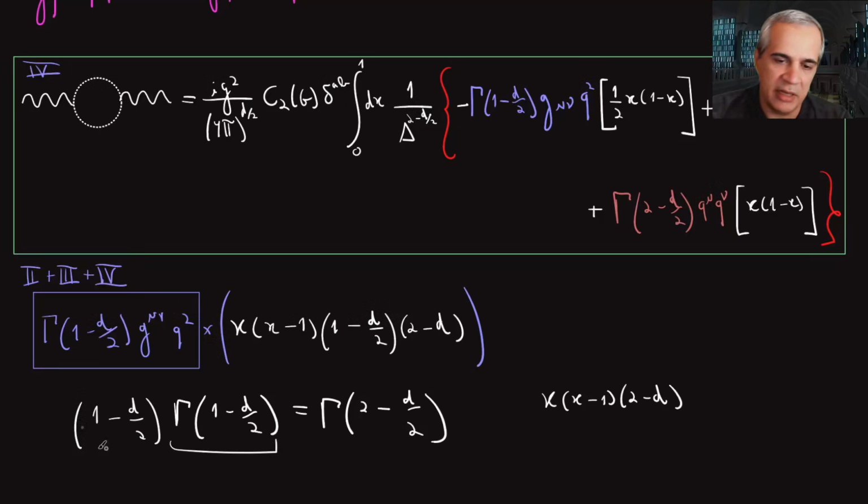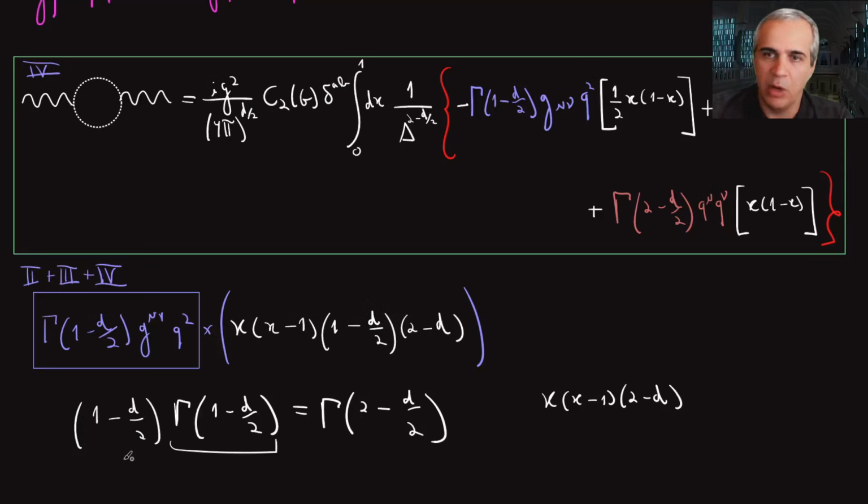This removed the pole at d equals 2, which means we have no more quadratic divergences here, which is one of the things that should happen if the Lorentz structure for these non-abelian gauge bosons is the same as we had for the photon.